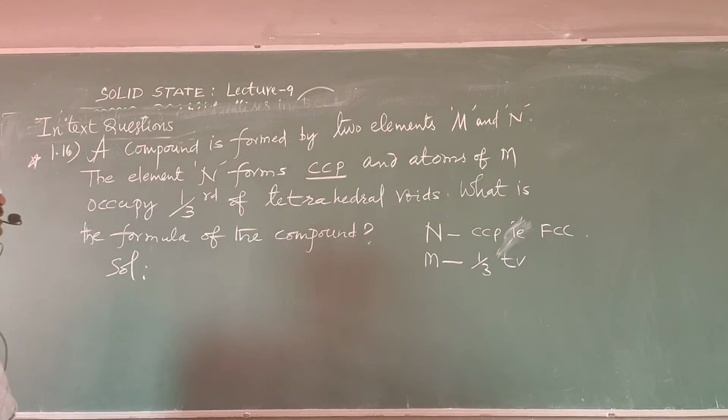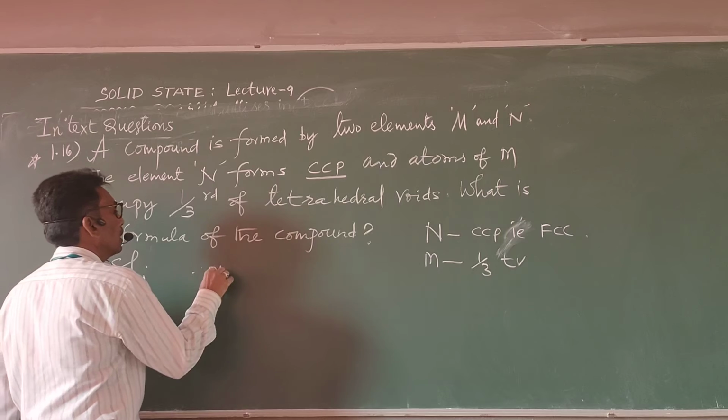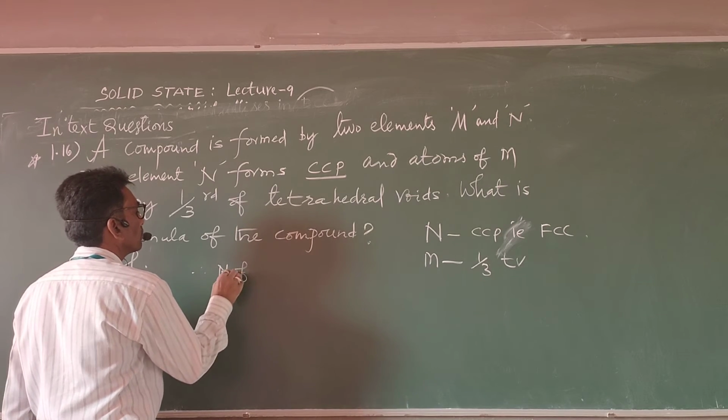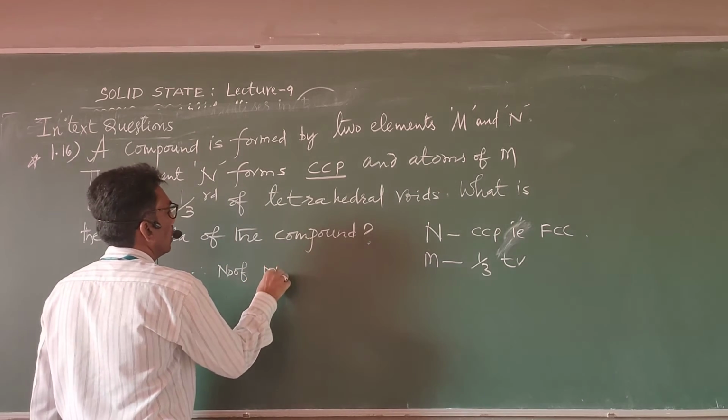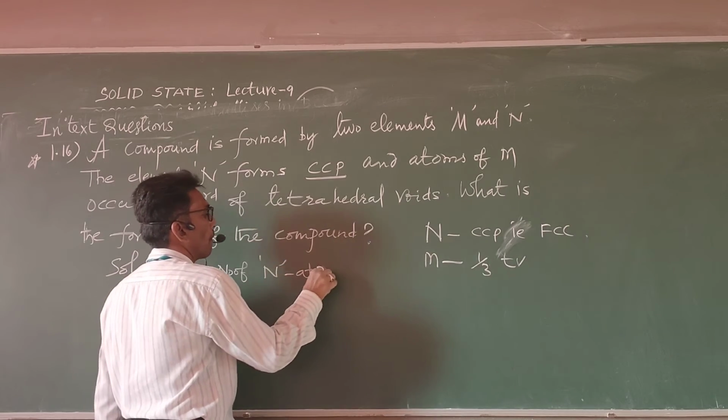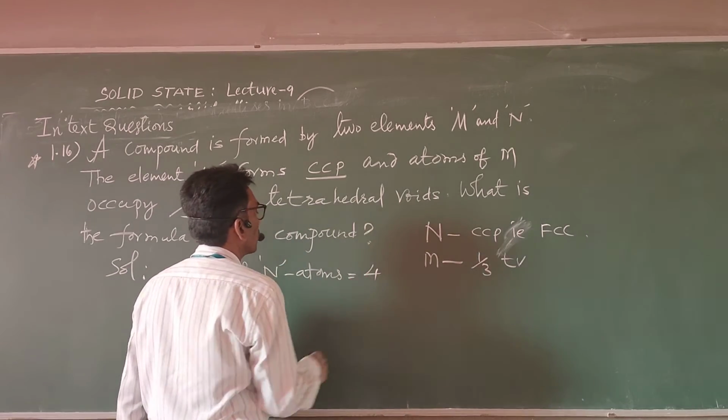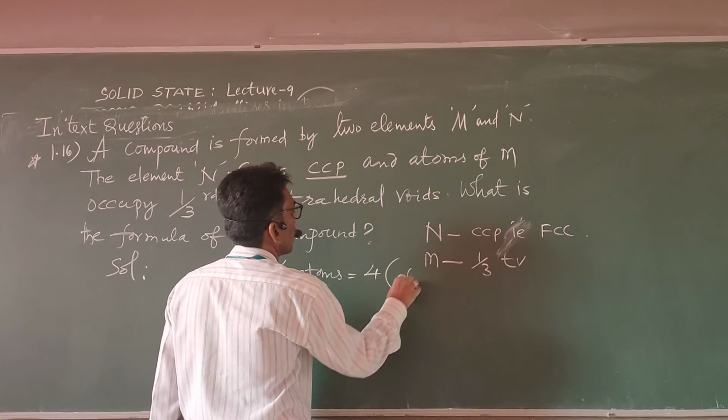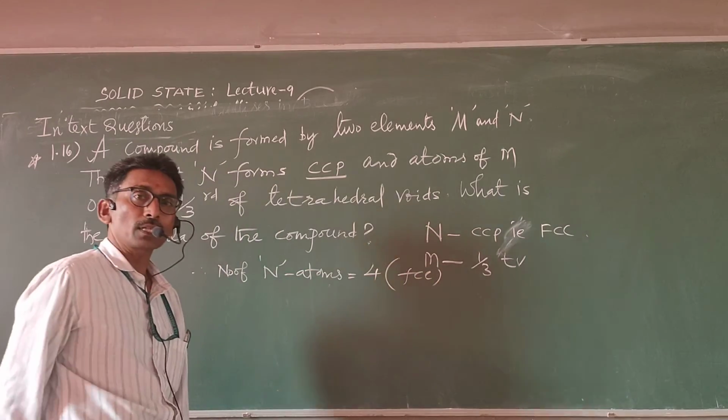So let us take N. Therefore, the number of N atoms is 4. Why? Because that is FCC, already discussed.